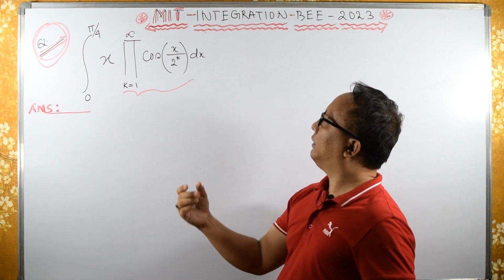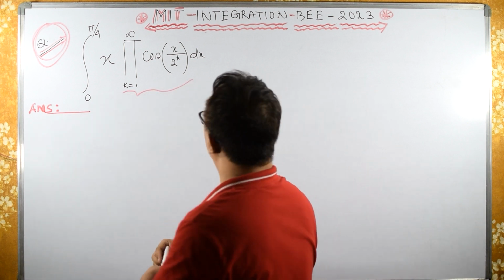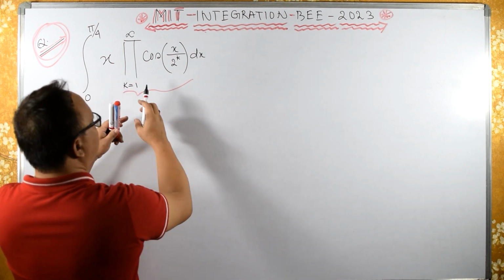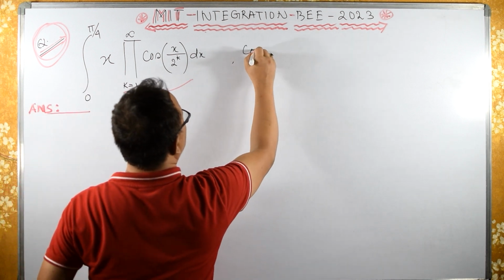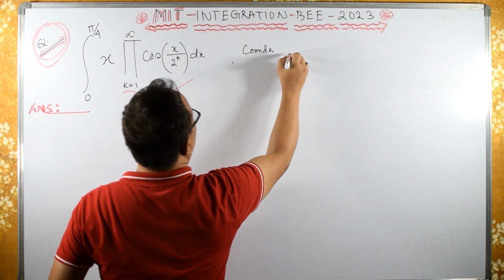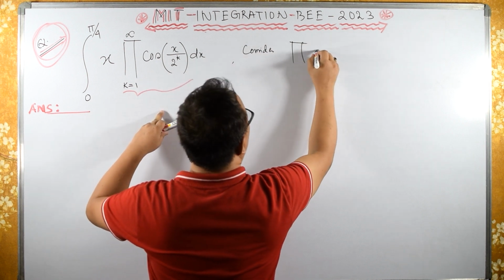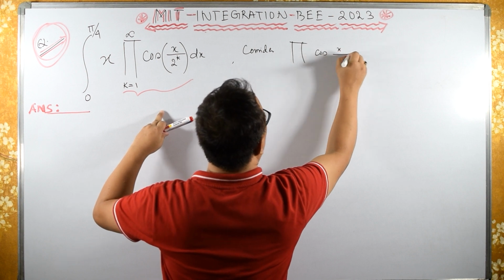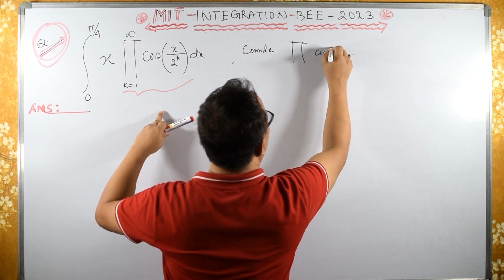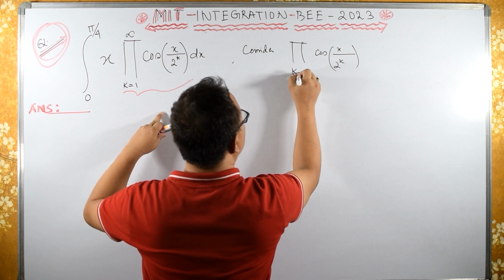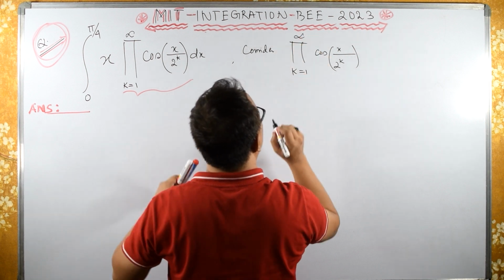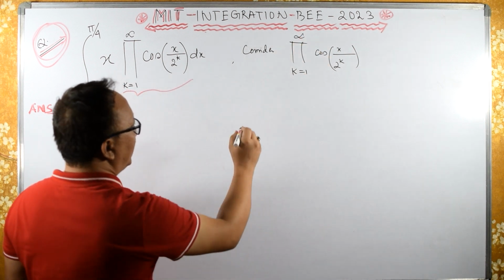Let's expand this. Let's consider this part: the product of cos of x upon 2 raised to k, where k goes from 1 to infinity. Now let's substitute over here.